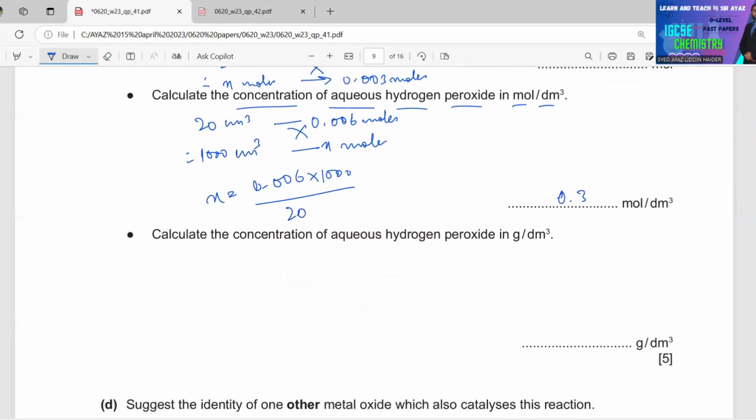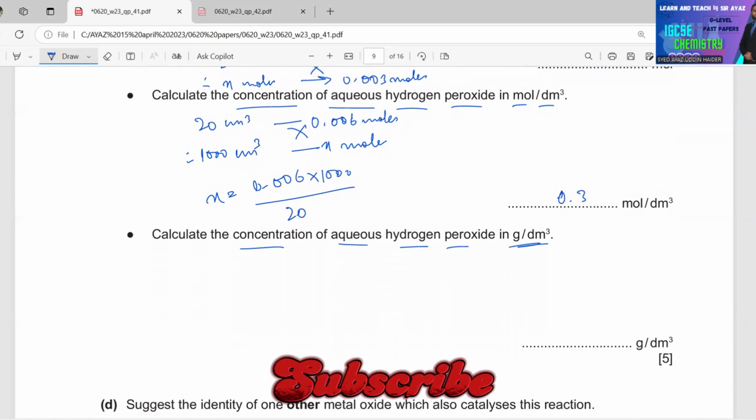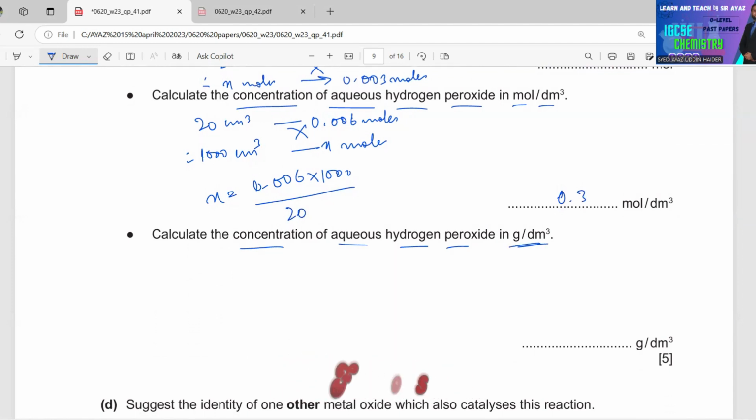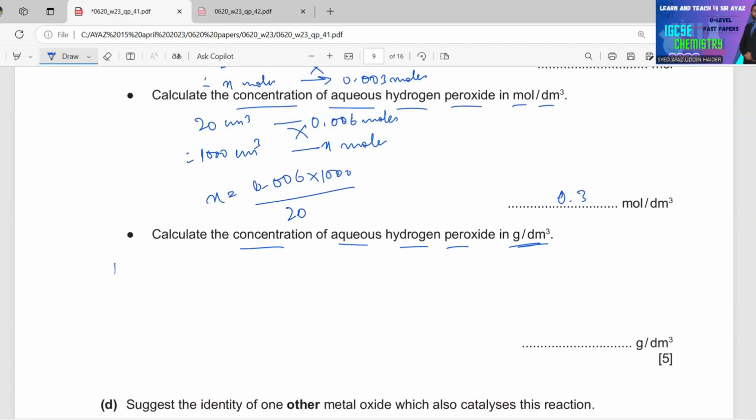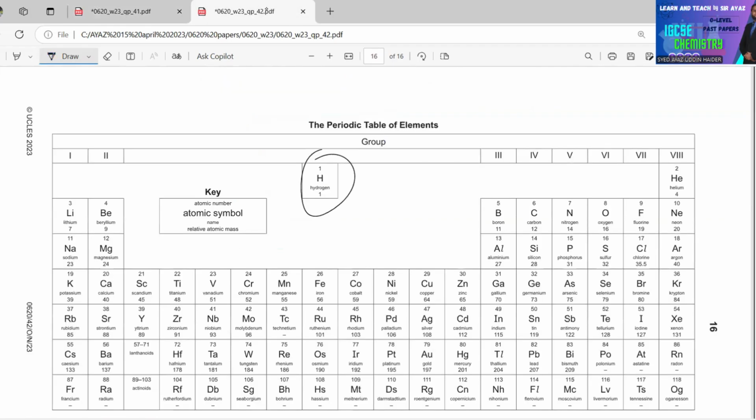Now we need to calculate the concentration of aqueous hydrogen peroxide in g per dm3. For this, you need the Mr of H2O2. We have 2 atoms of hydrogen, so 2 multiplied by 1, since hydrogen has a nucleon number of 1.